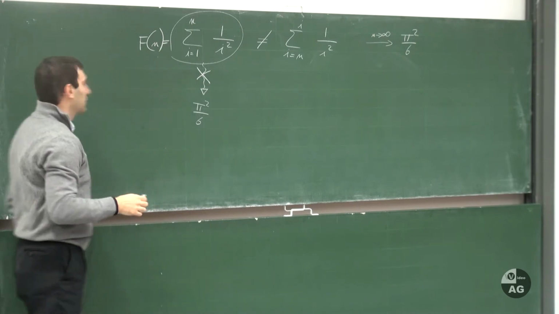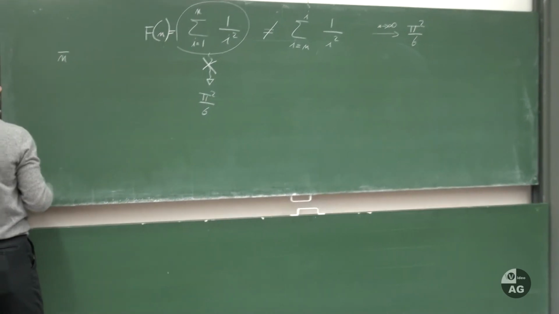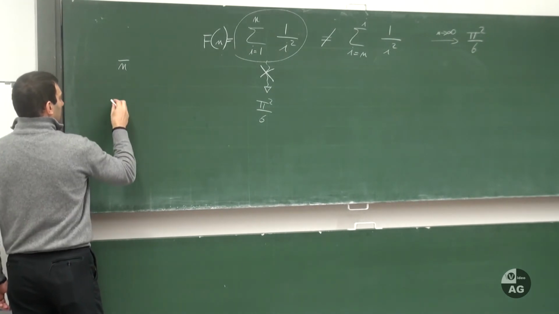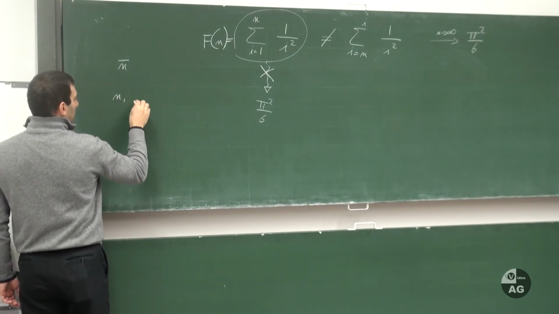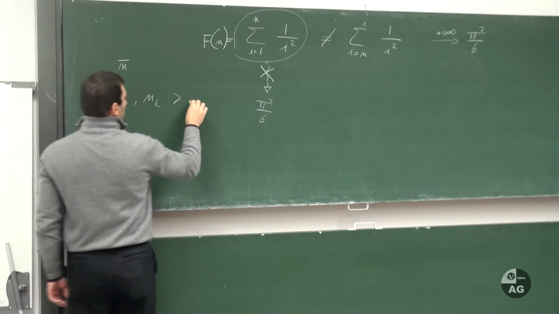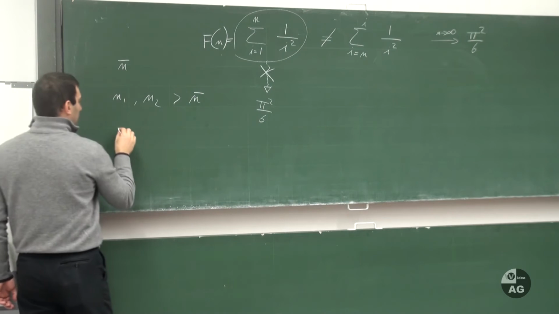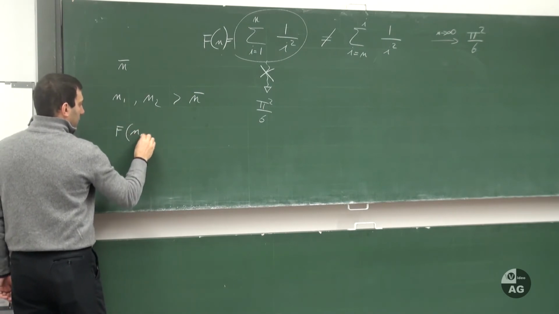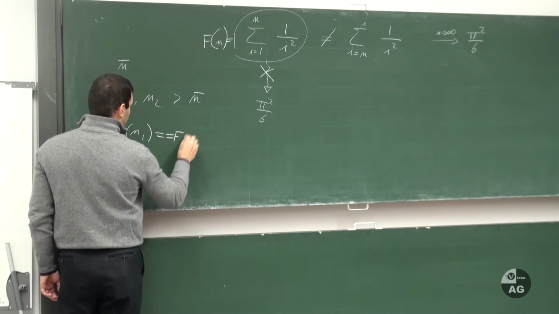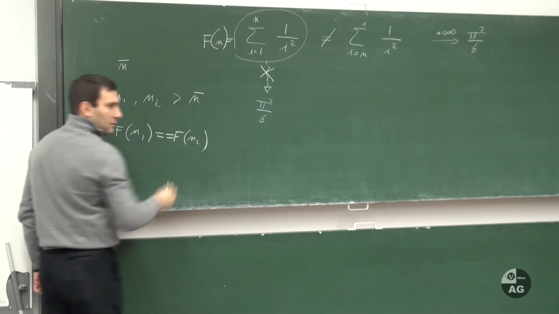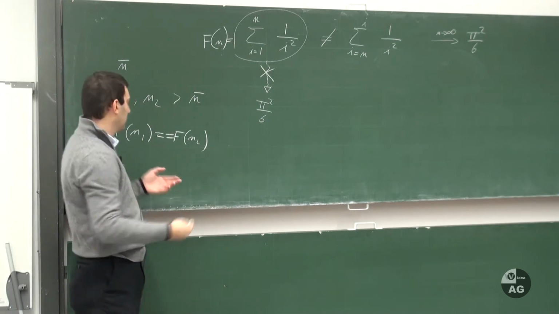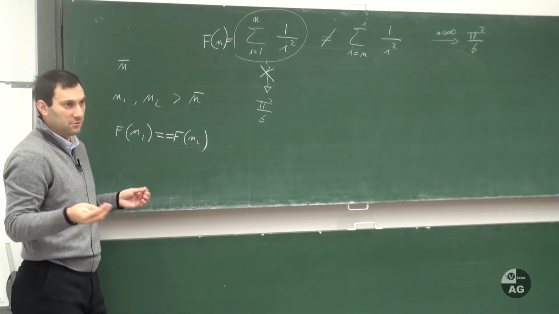It's defined like that. So I showed you that there is a certain n bar such that if n1 and n2 are larger than n bar, then f of n1 equals f of n2. What does it mean? It means that even if you add more terms, nothing is going to change.